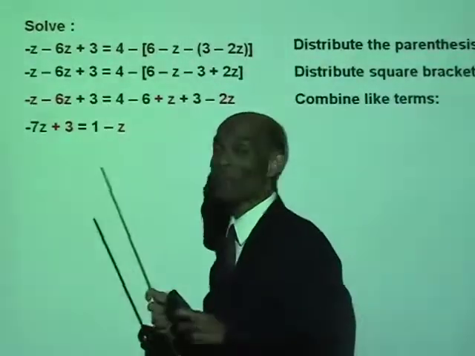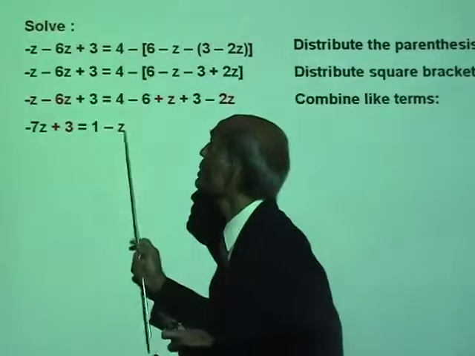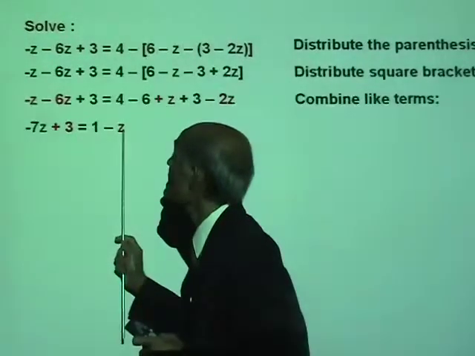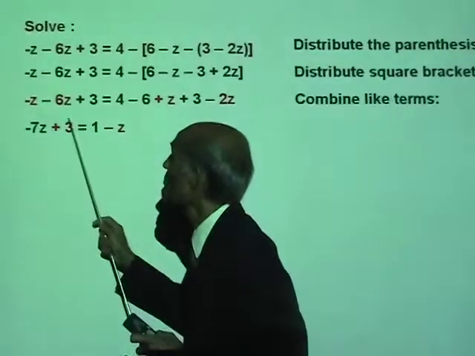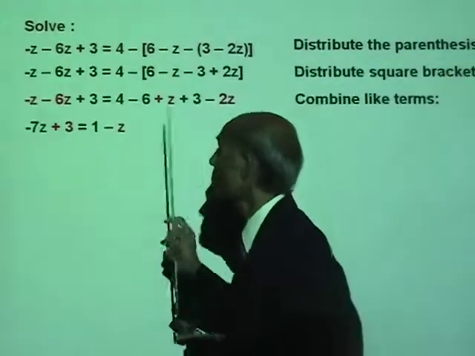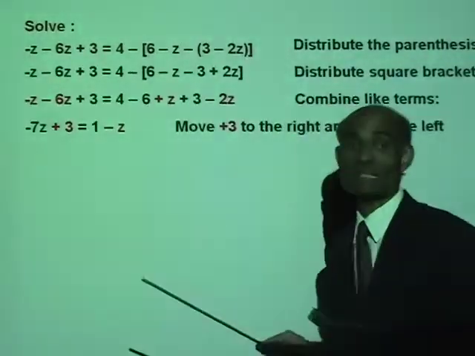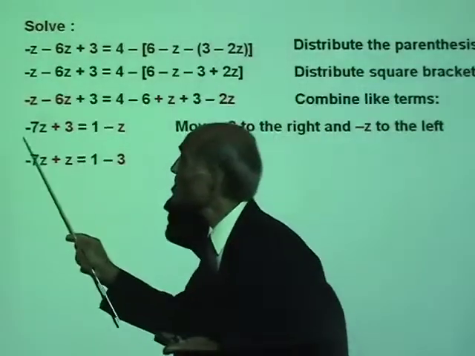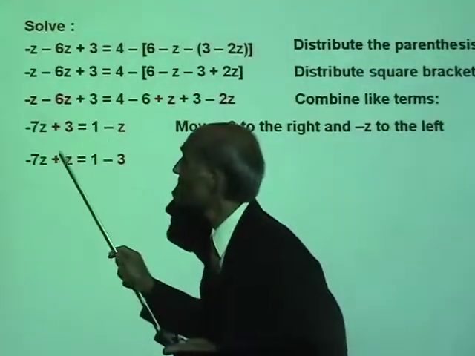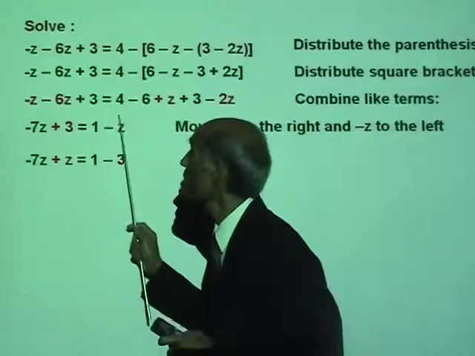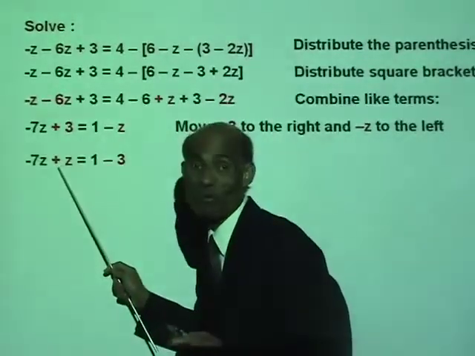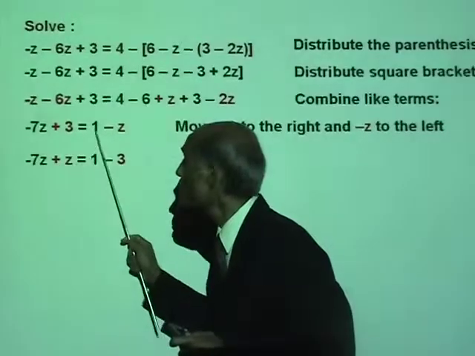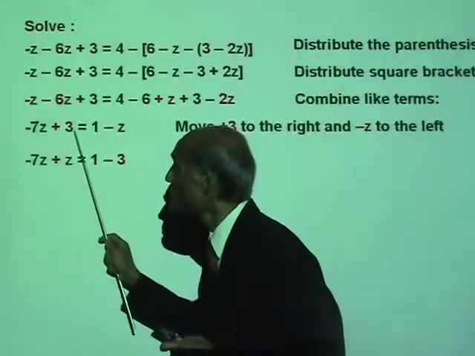Alright, now that we have done this so far, we need to move the negative z from the right to the left and the positive 3 from the left to the right. What does that become? Negative 7z plus z. The negative z moves from the right to the left, becomes a positive z, equal to 1 minus 3.